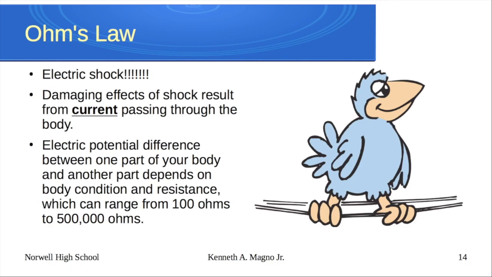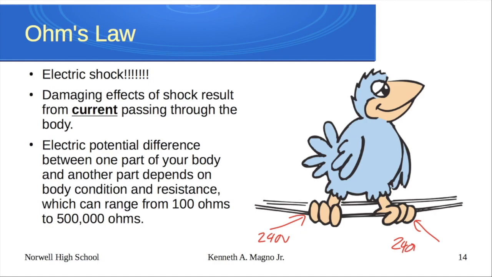Now, one of the other famous things people always think of is, well, how could squirrels and birds sit on wires? Well, that's because they're at the same electric potential, the same voltage. So both of his feet here, if I look here and here, they're both at, let's say, 240 volts, right?